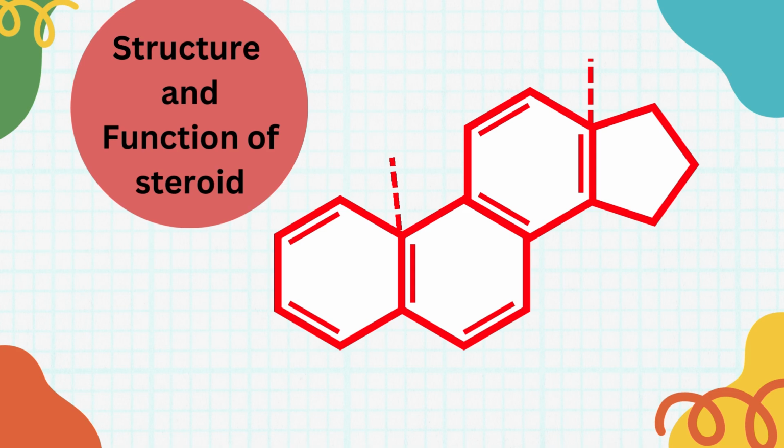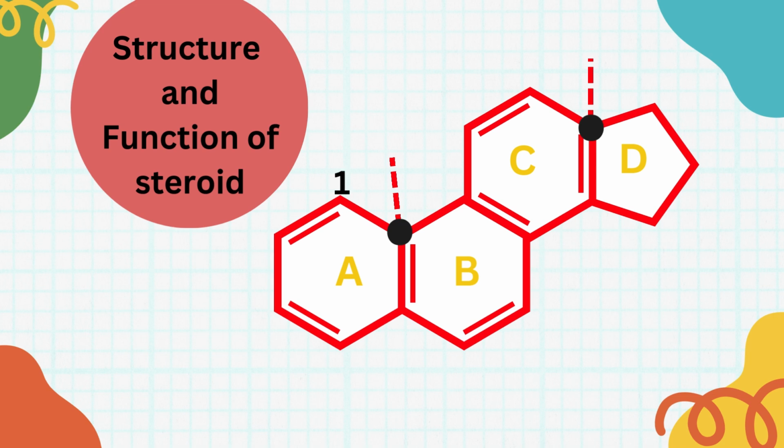Steroids are all derivatives of this ring system, which is comprised of 4 rings. The A, B, and C rings are 6-member rings, while the D ring is a 5-member ring. There are also always methyl groups on these 2 carbons, and for ease of communication, we will always number this ring system the following way.